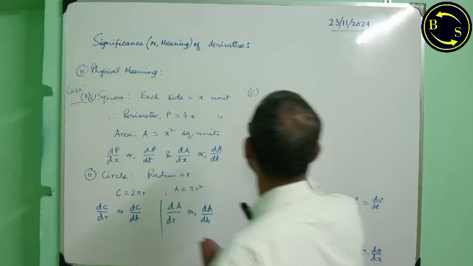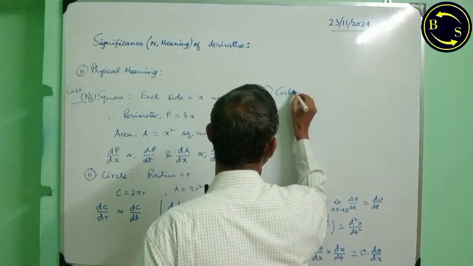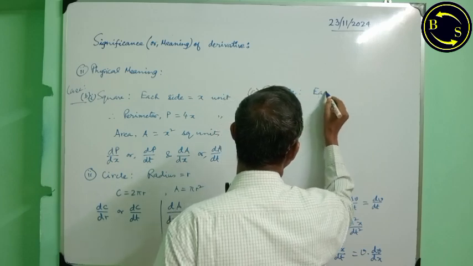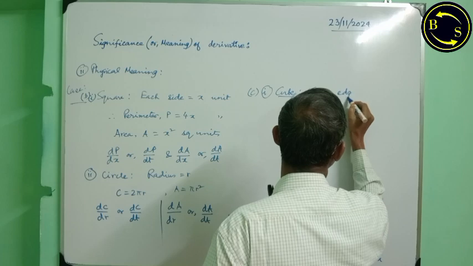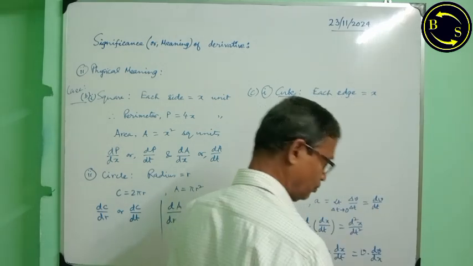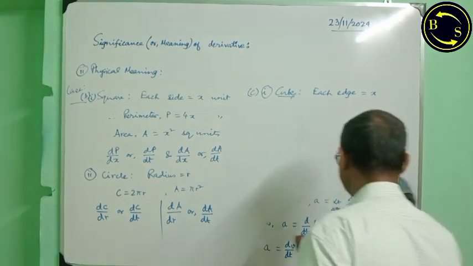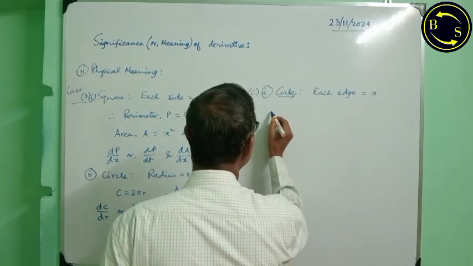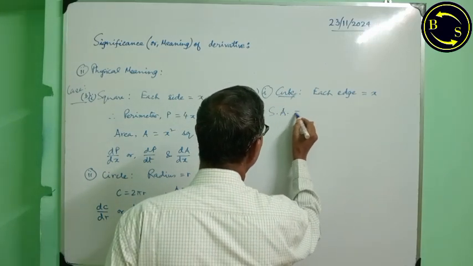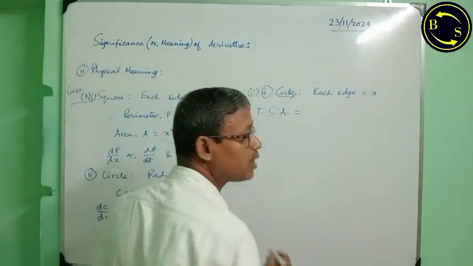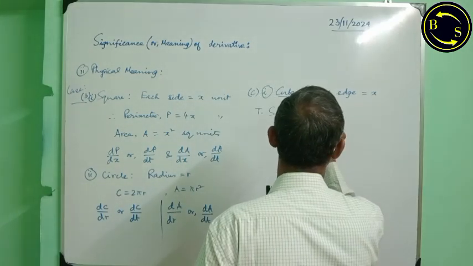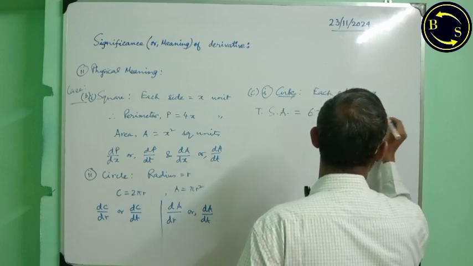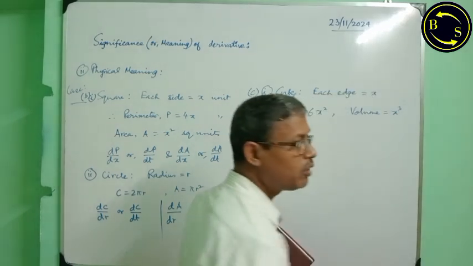In case of, say, cube, each edge say x, then surface area, TSA, rather total surface area, will be 6 x square, volume x cube, of course cubic units.